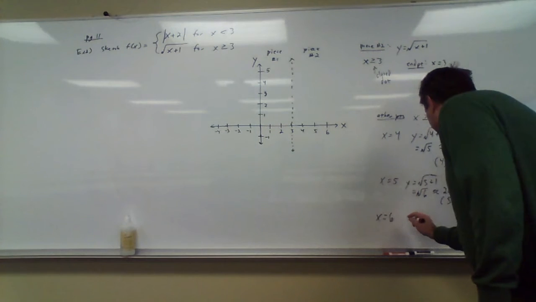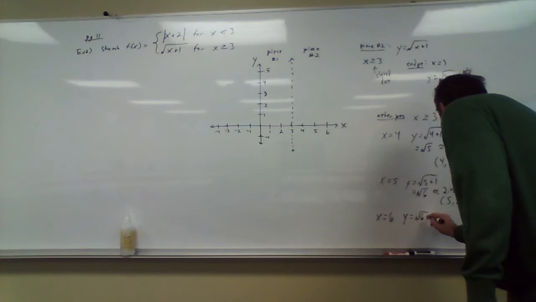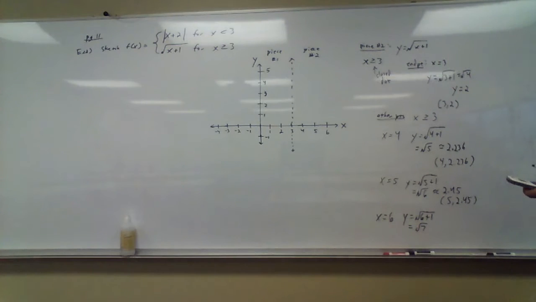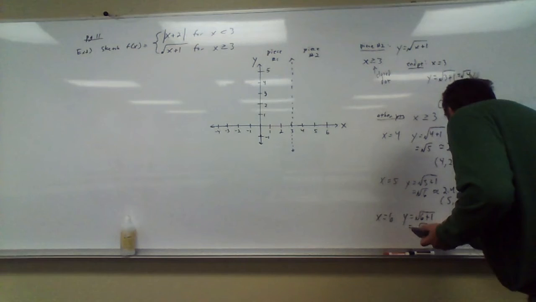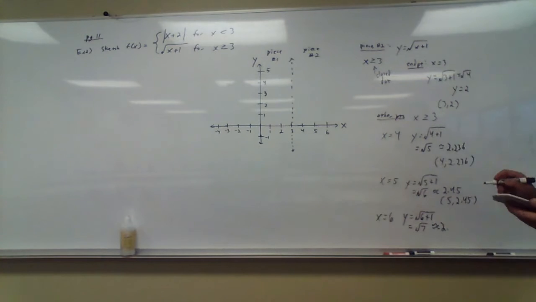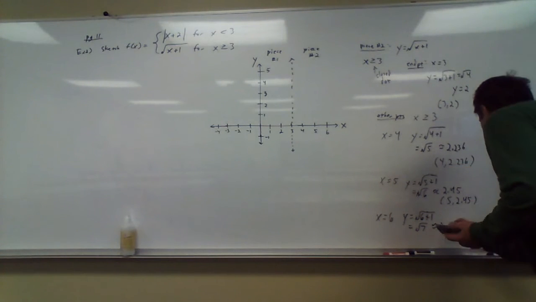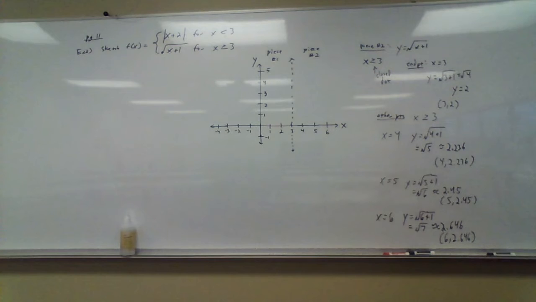Then we have x equals 6. y equals the square root of 6 plus 1, which is the square root of 7. The square root of 7 is approximately 2.646.